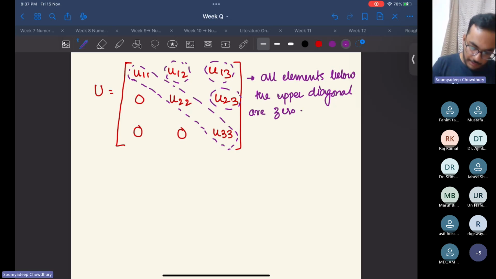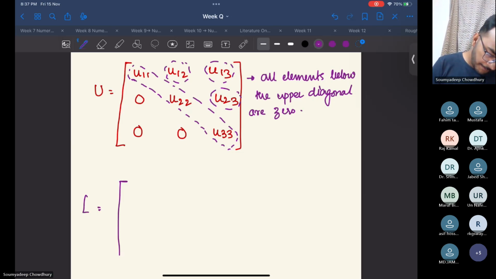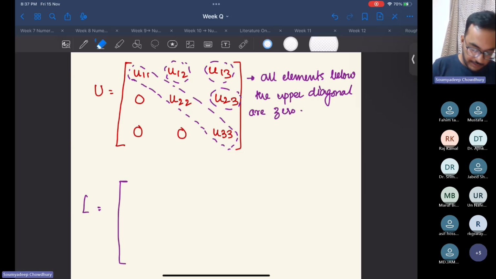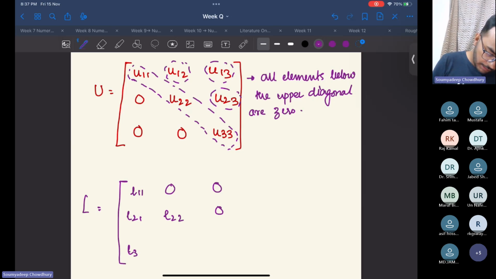Now, what is a lower triangular matrix? Just the opposite. So it is basically L11, 0, 0, L21, L22, 0, L31, L32, L33.